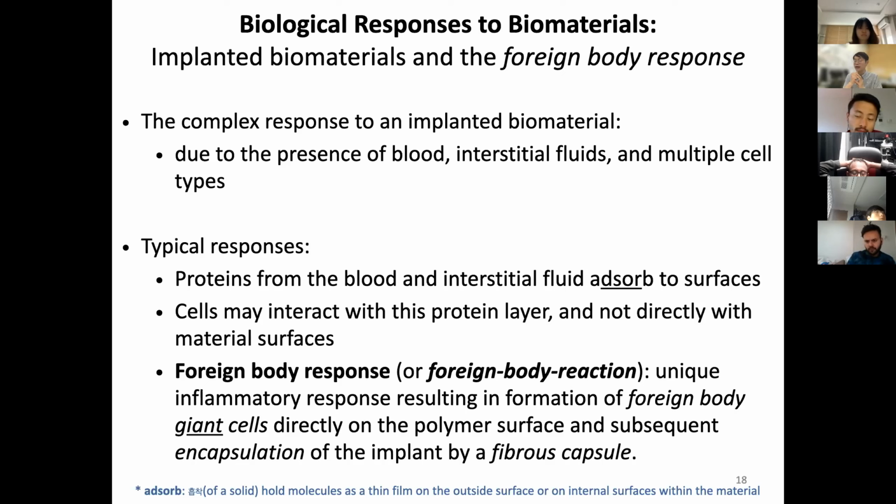And then our cells, especially immune cells, get in and try to remove this. But when you cannot do it, even though it's inside the body, you will isolate it from our body by encapsulating it with fibroblasts and collagen to make it almost outside of the body.